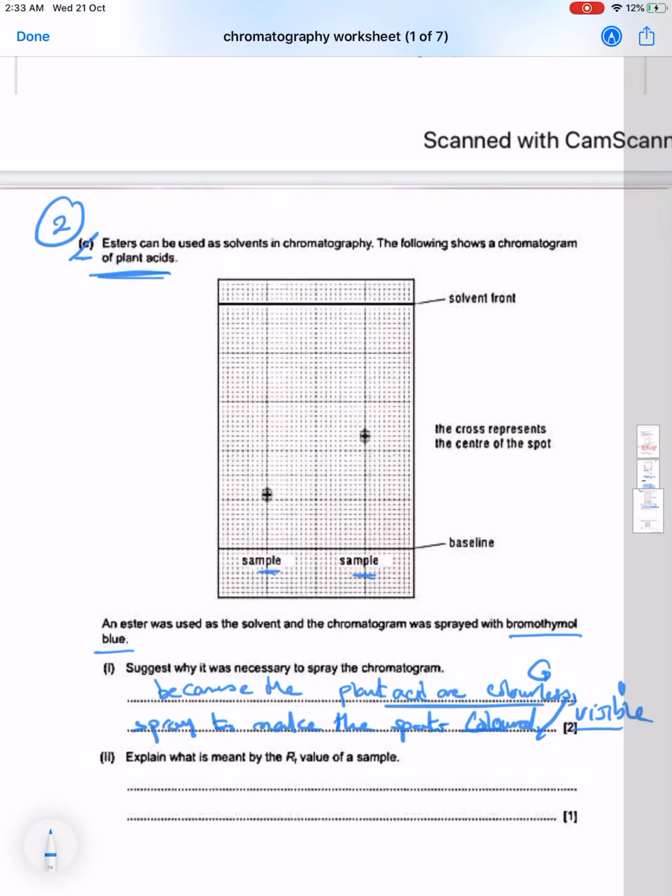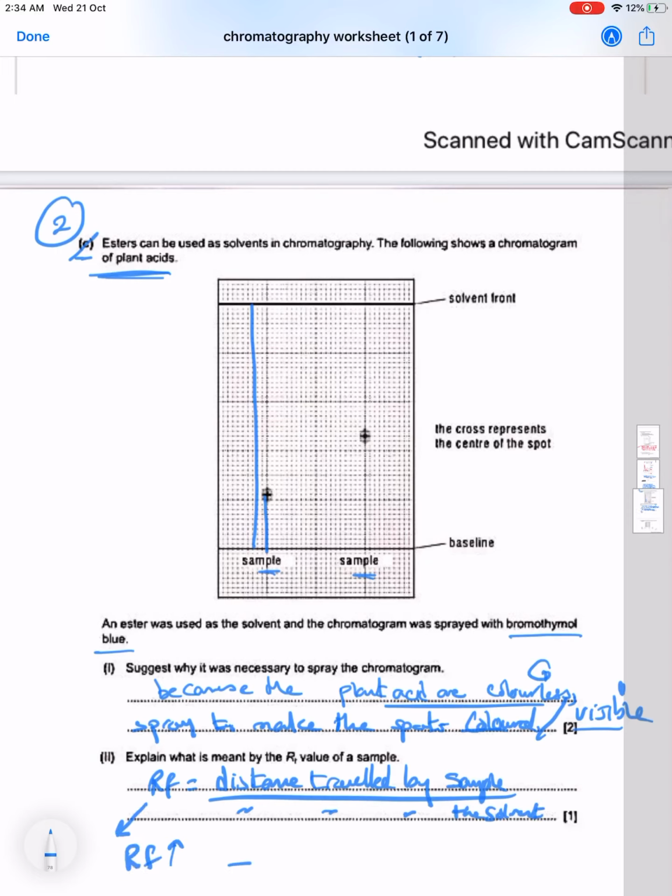Okay, explain what is meant by the RF value of the sample. This was explained in the first class, the first question. The RF value is the distance traveled by the sample over the distance traveled by the solvent. Now, if the RF value is high, that means the sample is more soluble.